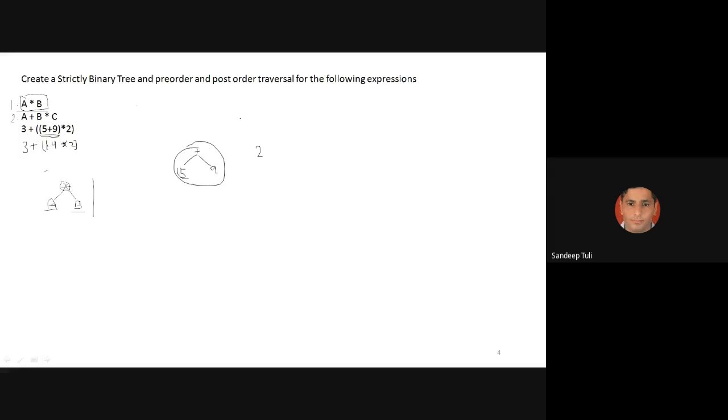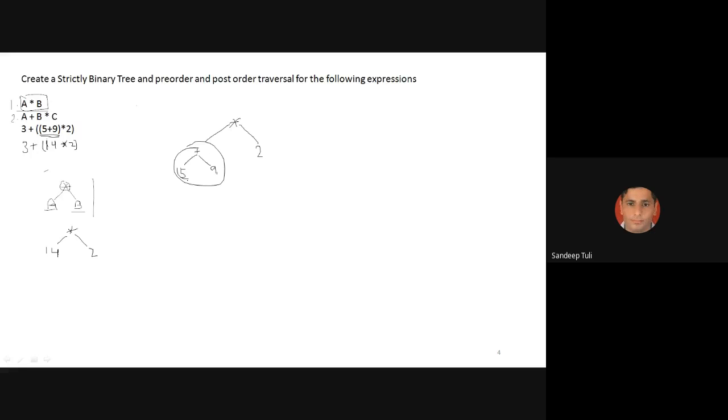We will multiply it by 2. Is it clear? Yes, sir. The result of this will be 14 multiplied by 2. But where did 14 come from? 14 is 9 plus 5. So we will replace 14 by 5 plus 9. Order must be the same.